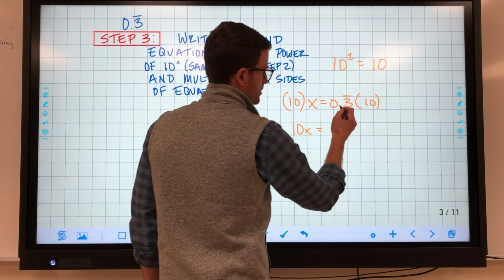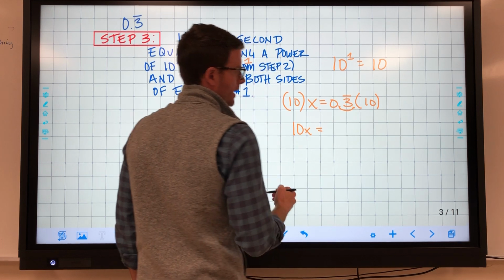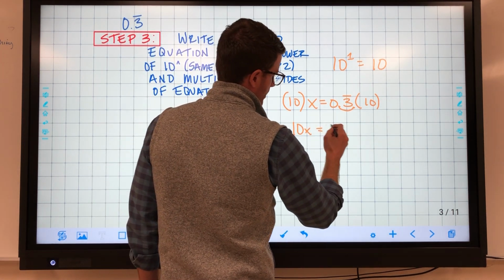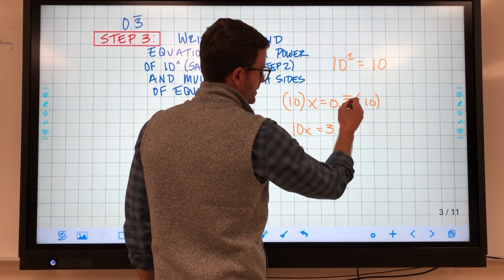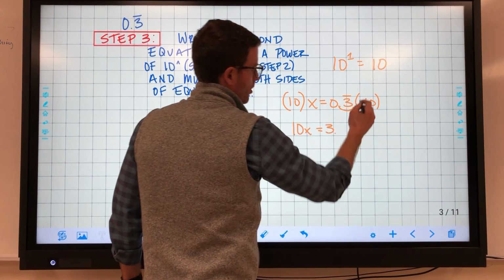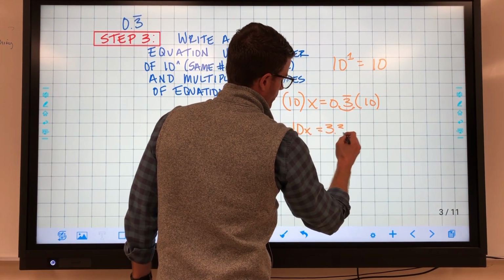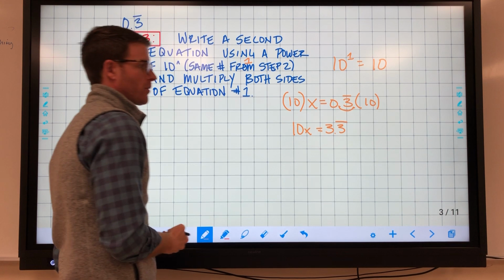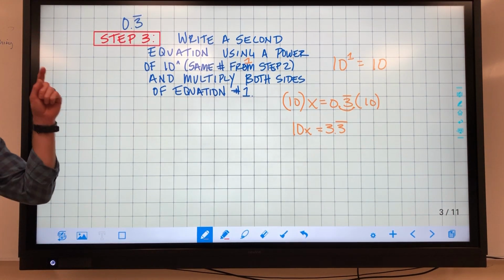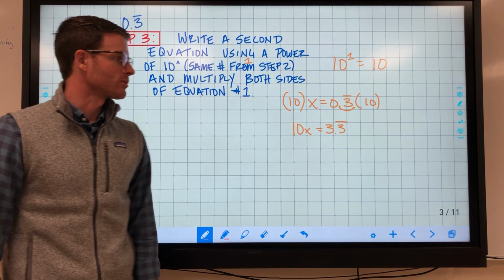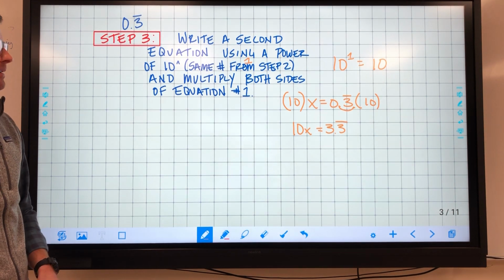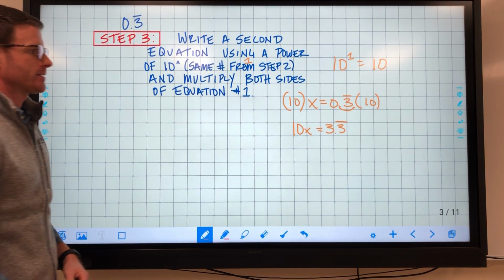So all I'm going to do is move the decimal, okay? So when I do that, I get 3 point, and this digit repeats, right? So after the decimal is just a bunch of 3's again. So I'll just put a 3 with a repeating bar. So there's my second equation. 10x equals 3.3 repeating, okay? That's my second equation.